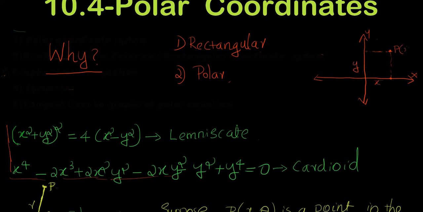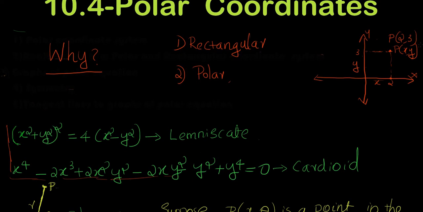So the point P is represented by P(x, y). Suppose this is 2 and this is 3. So this P can be represented by P(2, 3). This is a rectangular representation for a point.